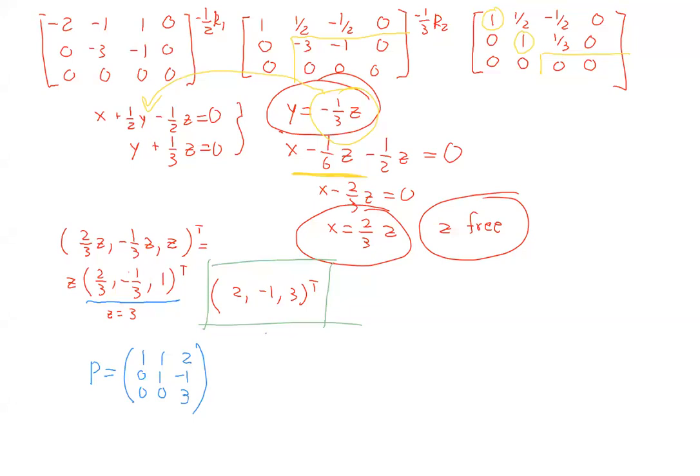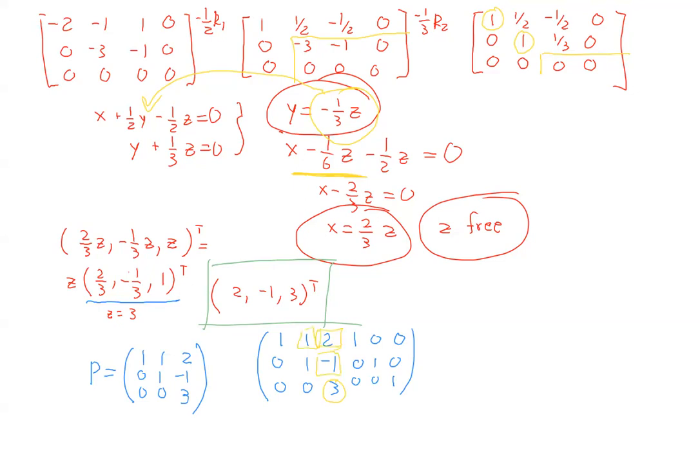So to find the inverse of P, we set it up with the identity matrix on the left. And what am I targeting now? This should become pivotal. This should become 1. This should be 0. That should be 0.